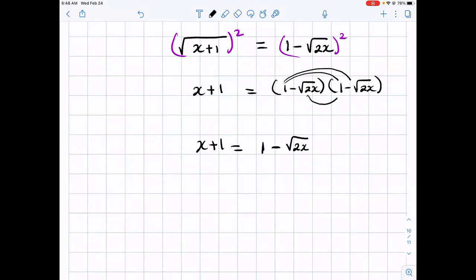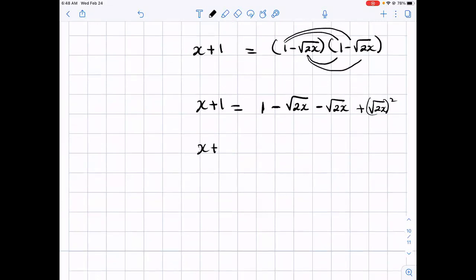Then the square root of 2x times 1 will be minus the square root of 2x. And then the square root of 2x times the square root of 2x will give me plus the square root of 2x, everything squared. So we have x plus 1 is equal to 1.